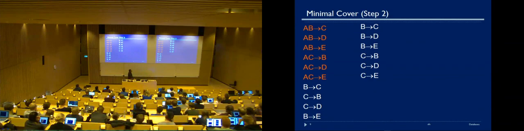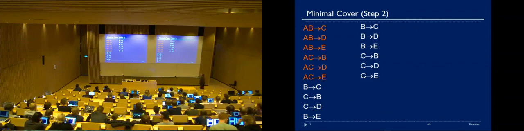So by applying that kind of rule, we can reduce this set of 10 dependencies to this new set of 6. In other words, we keep the ones that were colored in white, and the other ones all have a redundant attribute A in them.